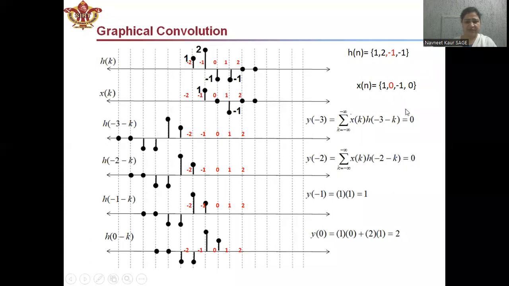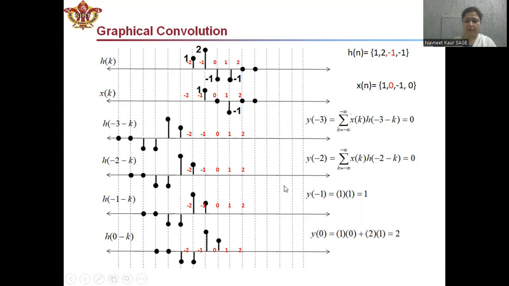So 3 means y1, y2 and y3. Since there are 3 samples on the left-hand side, 3 on the right-hand side, and 1 sample at n equal to 0, the total will be 7, which we have already calculated. So we will start with y[-3], then calculate y[-2], y[-1], y0. Then we will calculate y1, y2 and y3.